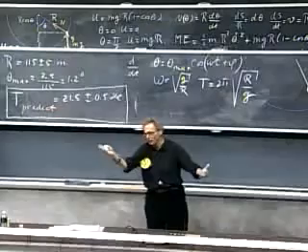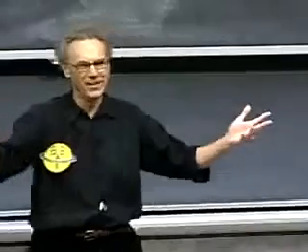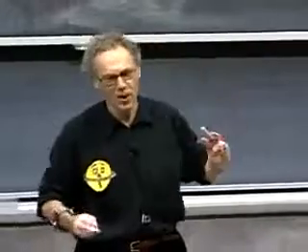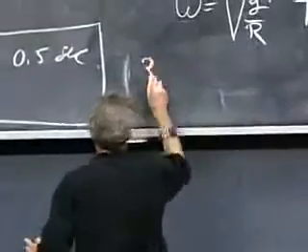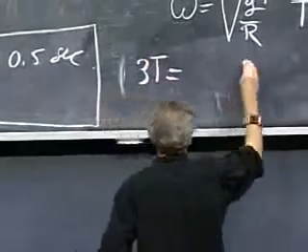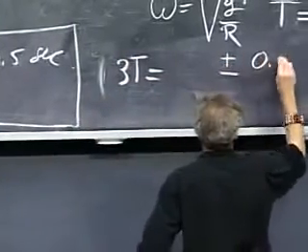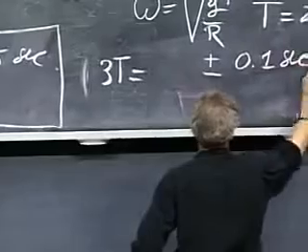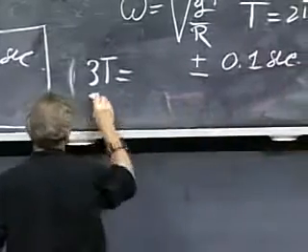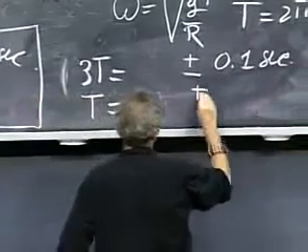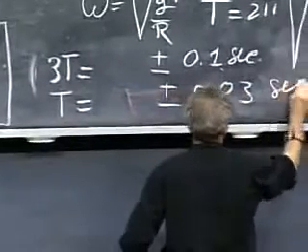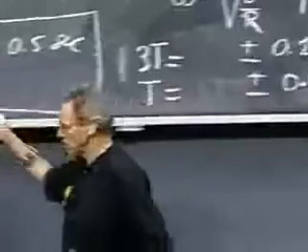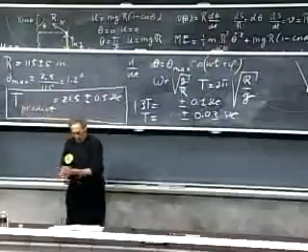It's so much fun to see that object go back and forth in 21 seconds that, for your pleasure and for my own pleasure, I will go 3 oscillations. Not that it is necessary, but I will do it. 3T is going to be something plus or minus 0.1 second, my reaction time, and then we can all divide that by 3, and then of course the error will go down by a factor of 3, and we will see whether this number agrees with this one.